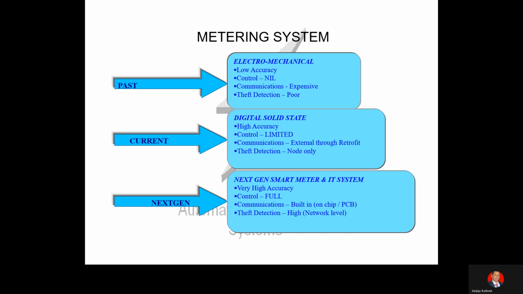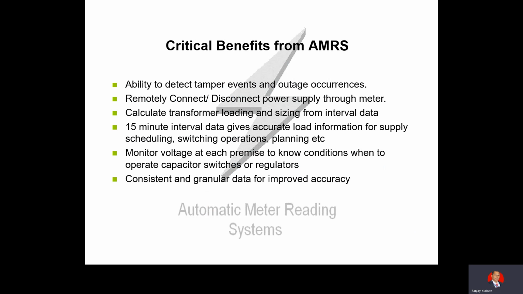Let us see the critical benefits of the AMR system: the ability to detect events and occurrences, remotely connect power supply through the meter, and calculate transformer loading and sizing from interval data.